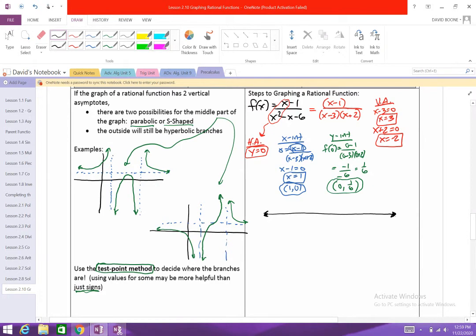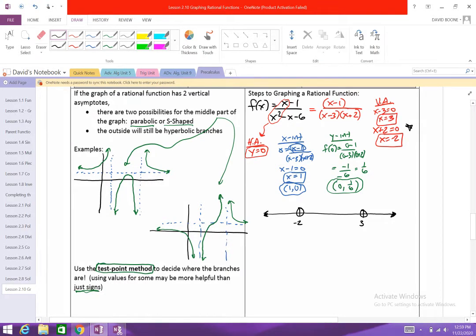So again, this horizontal line, I've got to think about where the points of discontinuity are, where the things are that I can't have. So I know that I can't have values at negative 2 and 3. Okay, so there's negative 2 and there's positive 3. These are vertical asymptotes. So again, I can't have them. I can't have those values up here.